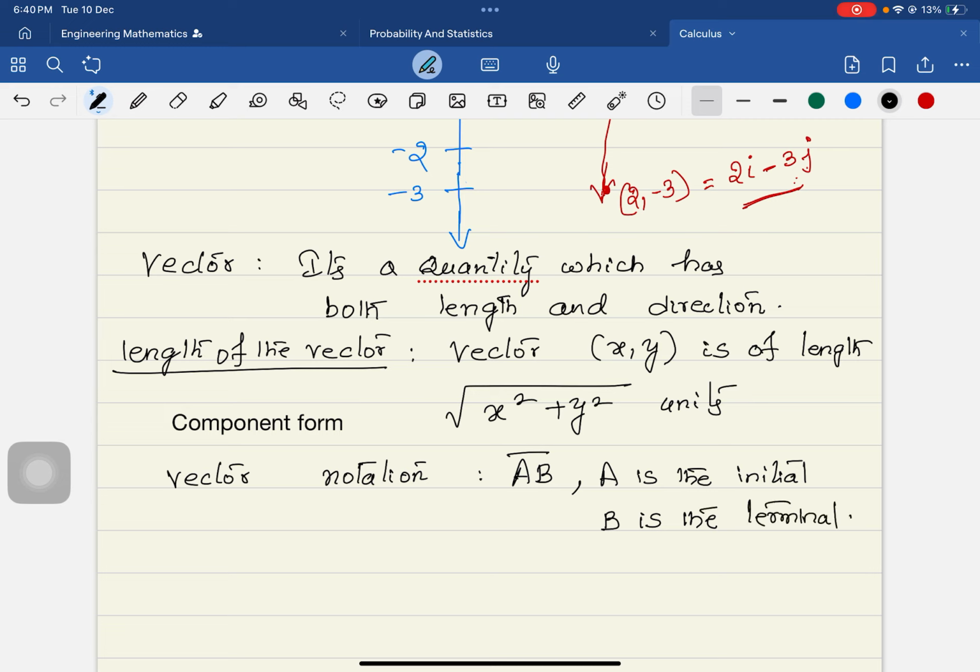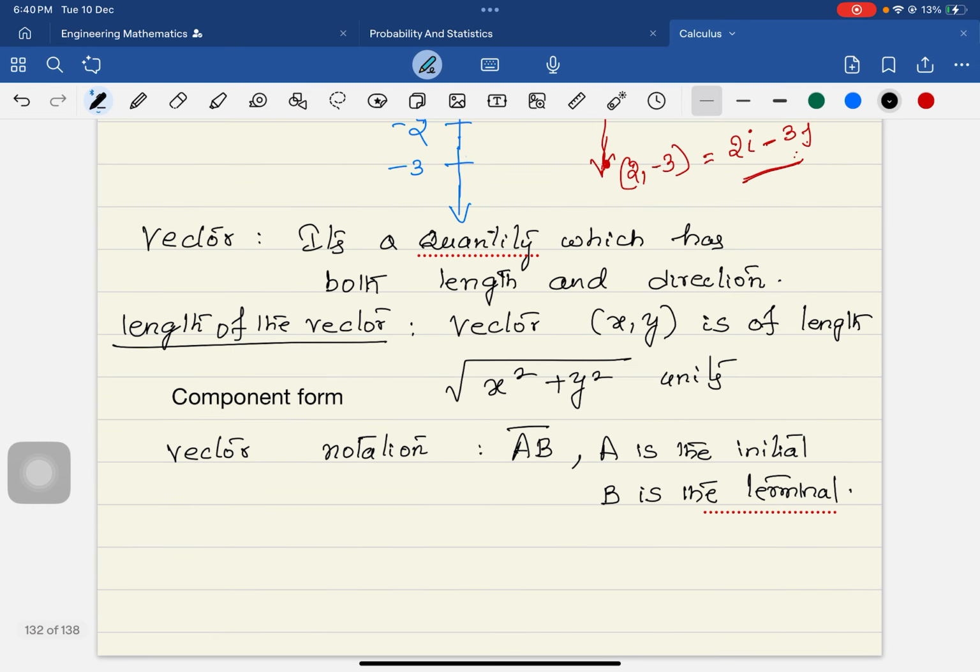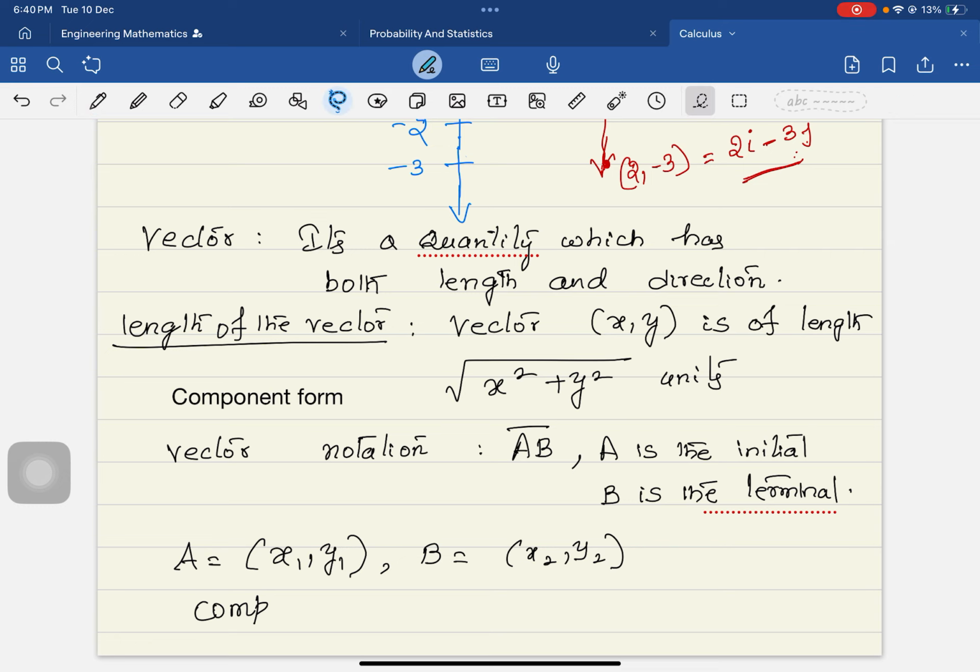So this is the vector notation we write. Suppose we consider A as x1 comma y1 as its coordinates and B as x2 comma y2 as its coordinates. Then this is what we call the component form, which we are going to discuss in the next topic.